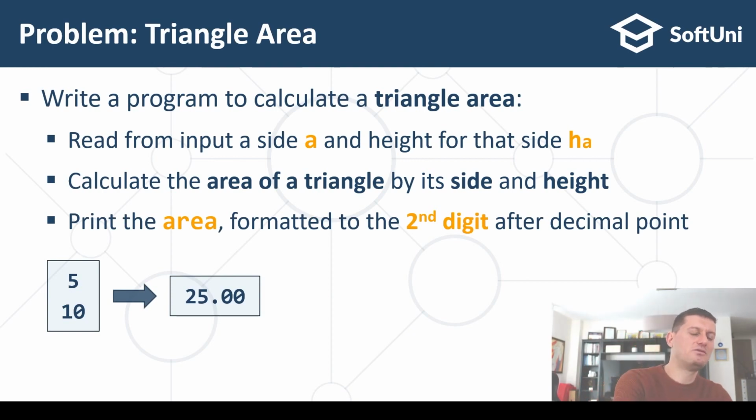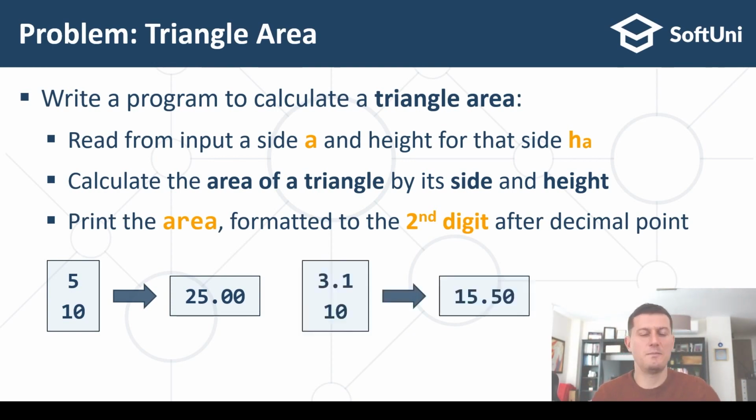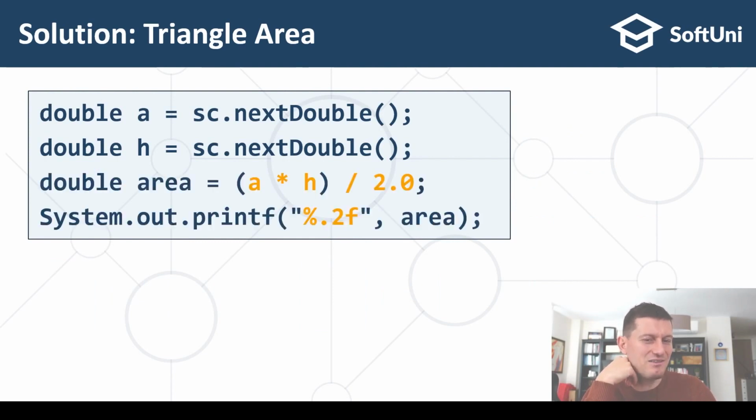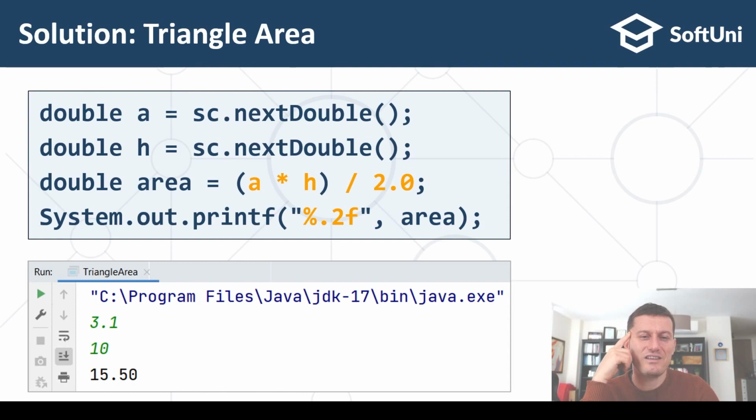So we need to multiply the first number 5 by 10 and divide by 2. So this is a triangle area calculator. It's very similar to the previous one. We read two numbers, we make a calculation, and we print the output. It's again for you. I leave it for homework. So this is how it works.